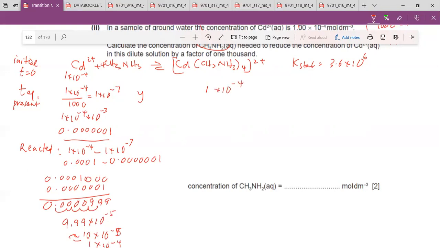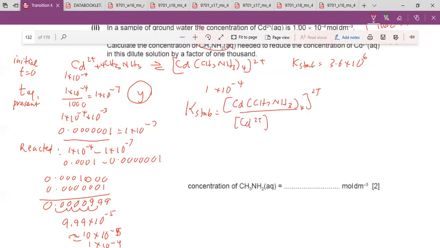Easier. So this is what is present here: 1 times 10 to the power of minus 7. And this is y you put inside. So Ksp is equal to the concentration of Cd(CH3NH2)4 2+ over Cd2+ times CH3NH2 to the power of 4.